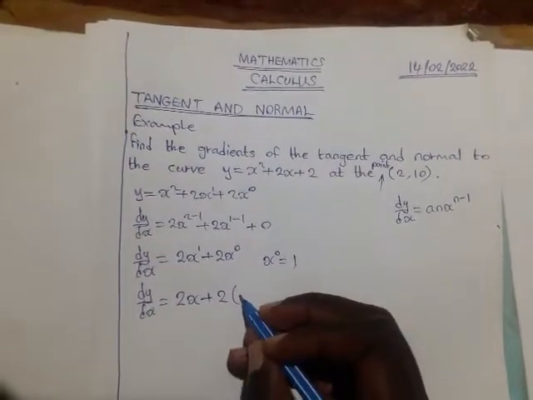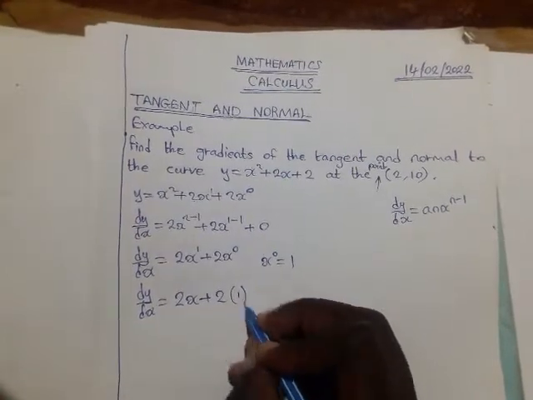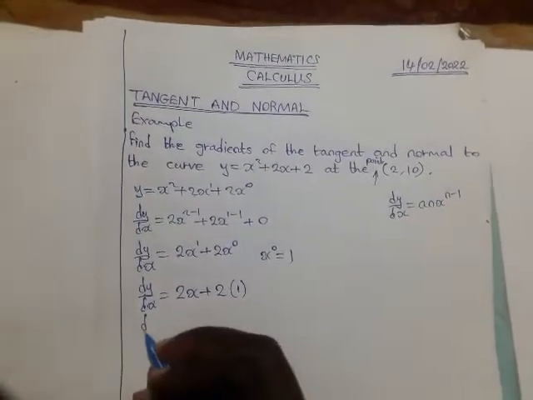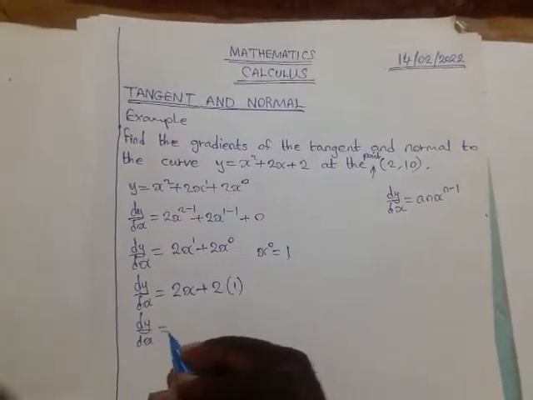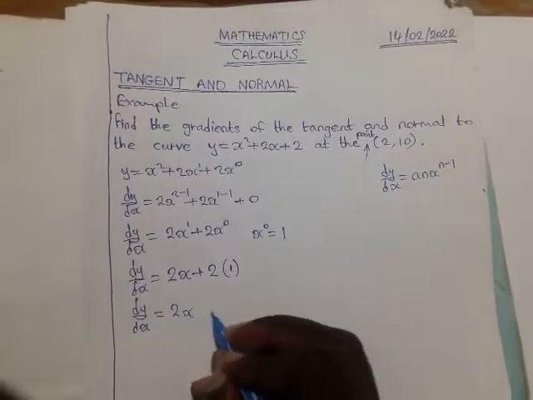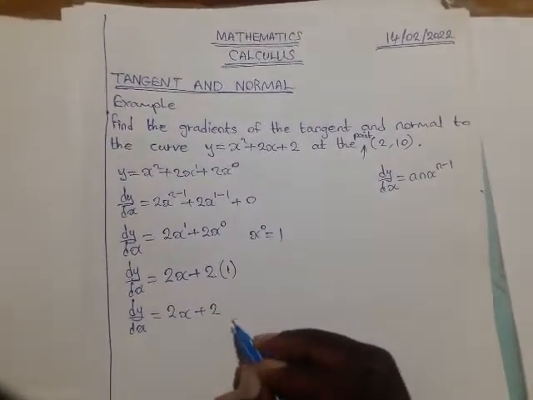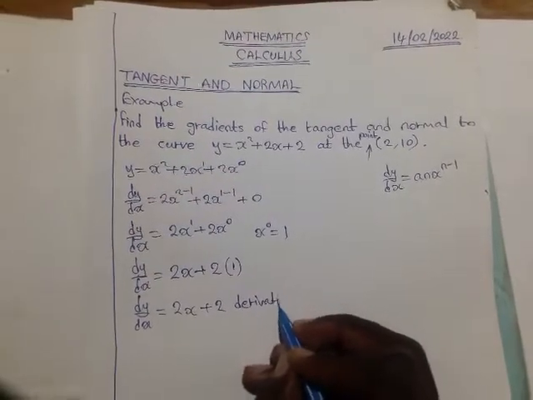So we have to replace where there is x to the power 0 with 1. So it will be dy over dx equal to 2x plus 2. So this is the derivative.